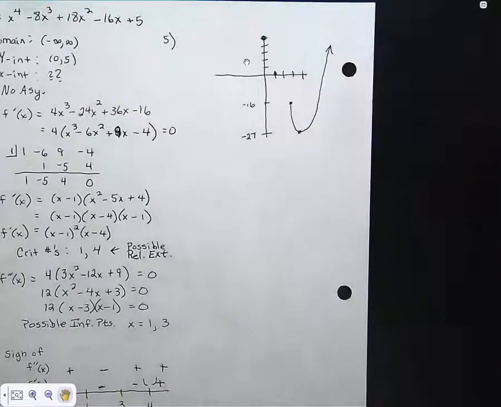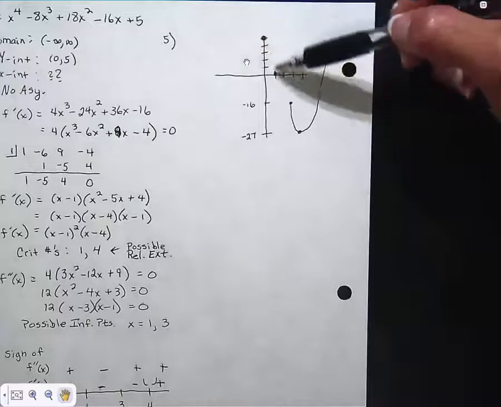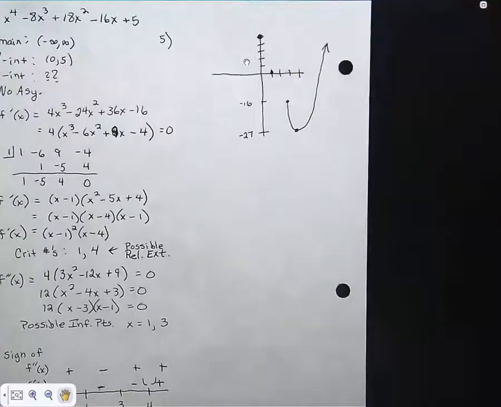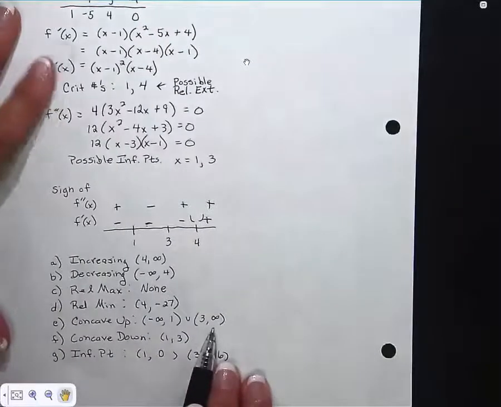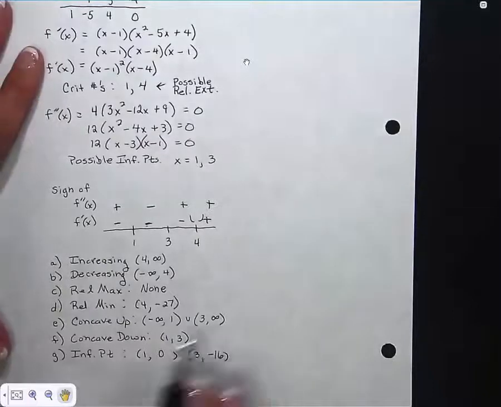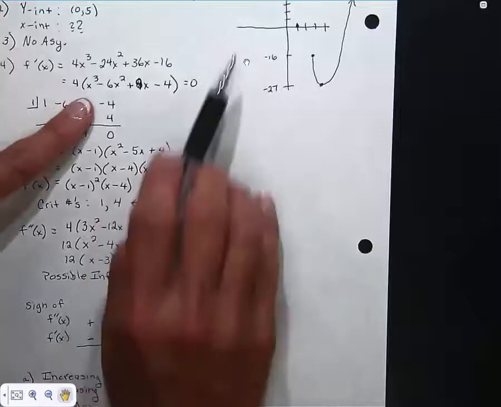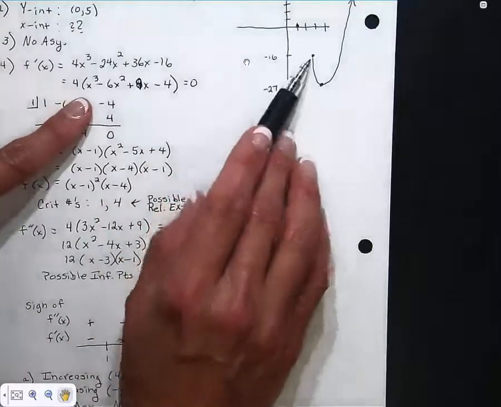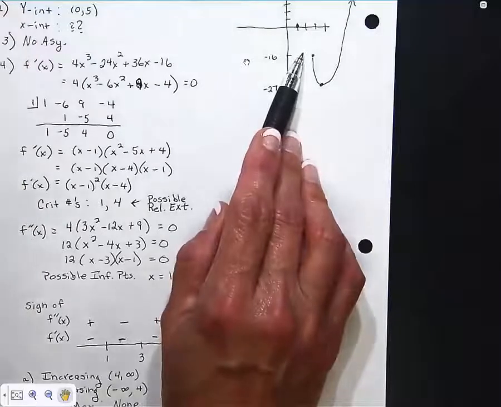So I'm not drawing this yet, but I can see that's where it's coming downhill. I just have to work the concavity into that. It's concave up from 3 to infinity. Concave down from 1 to 3. How can it be concave down from 1 to 3, but yet decreasing?